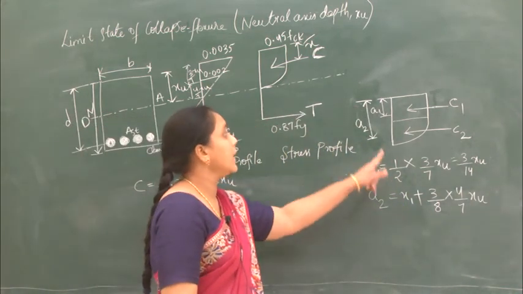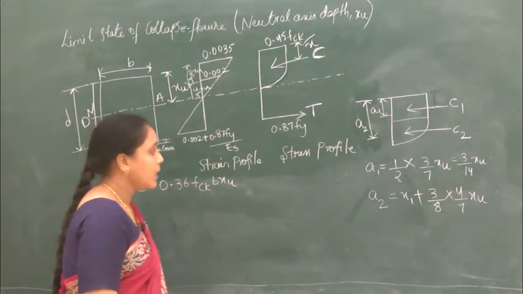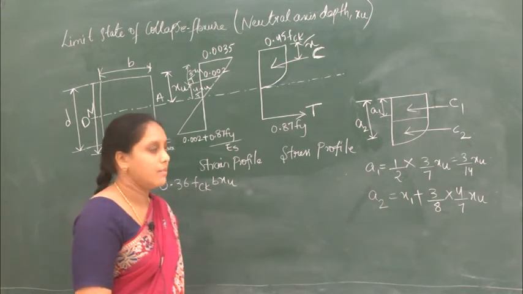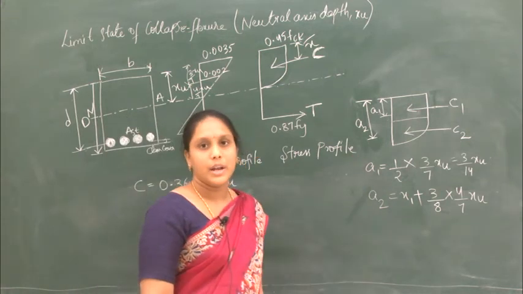And x1 is 3/7 xu, so here we can write down 3/7 xu. Now we have got A1 and A2.